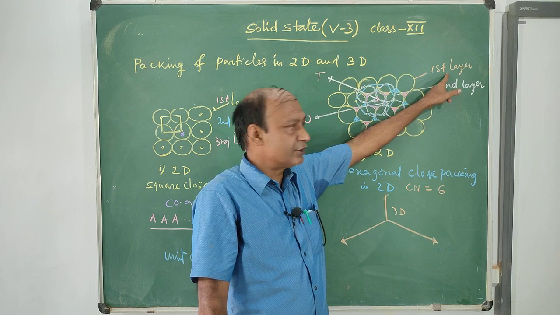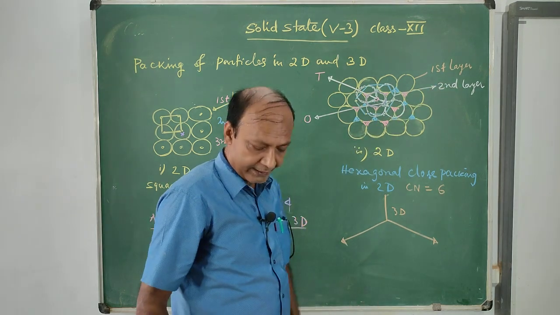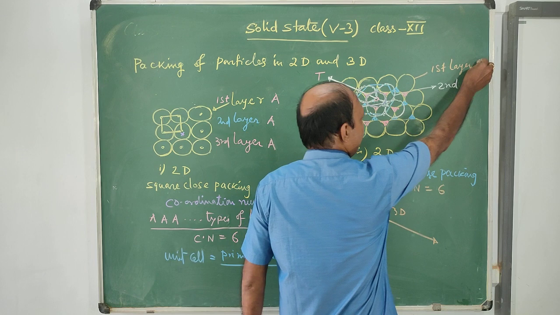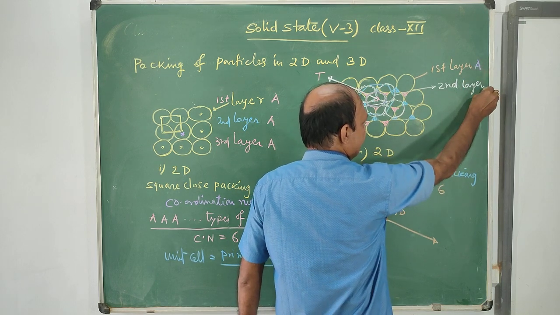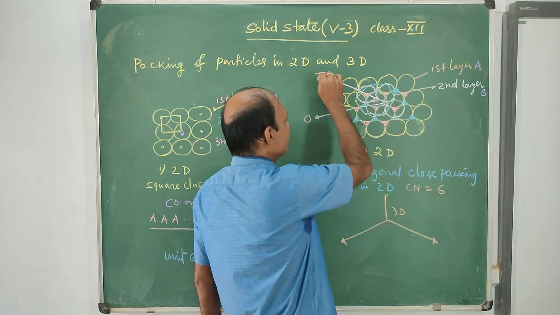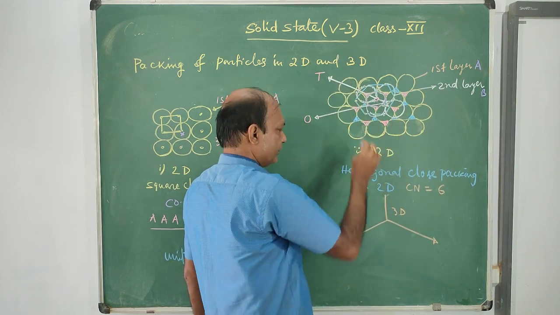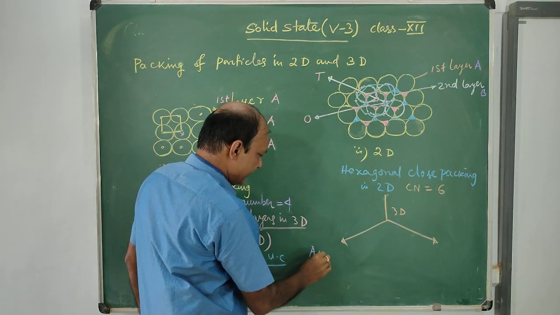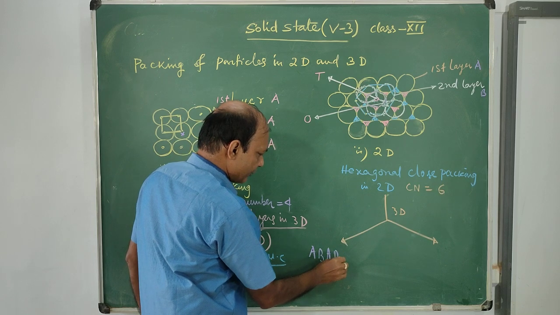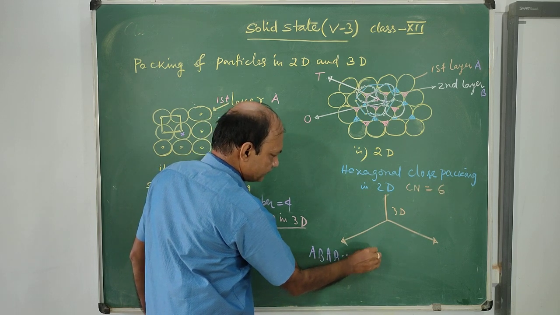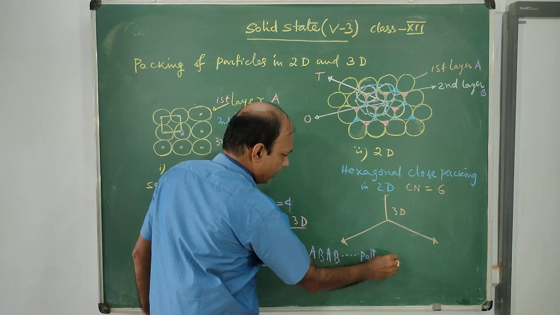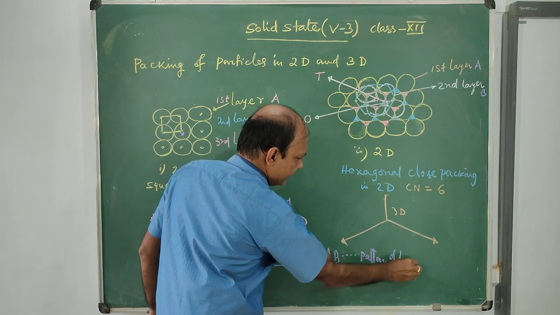That means if you name it layer A and if you name it layer B, then when you put the third layer, it will be layer A again. So the arrangement will be an AB, AB pattern of layers. See it here.